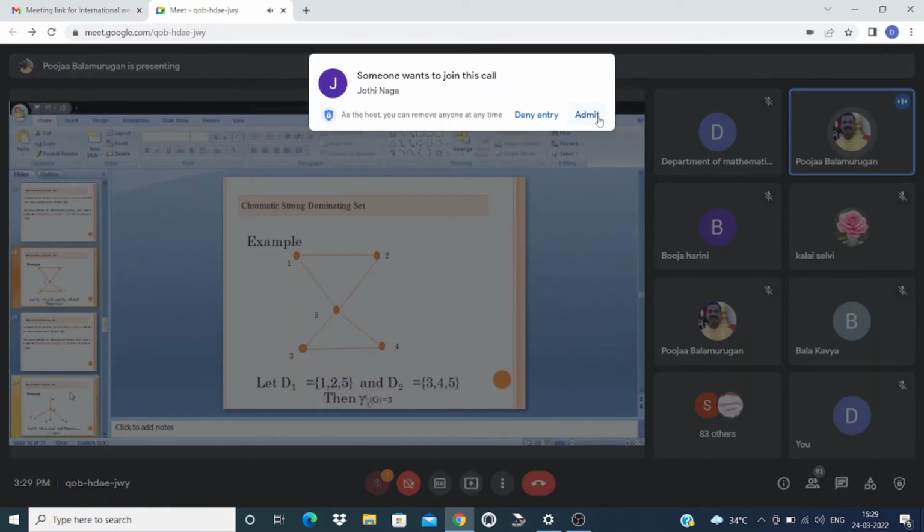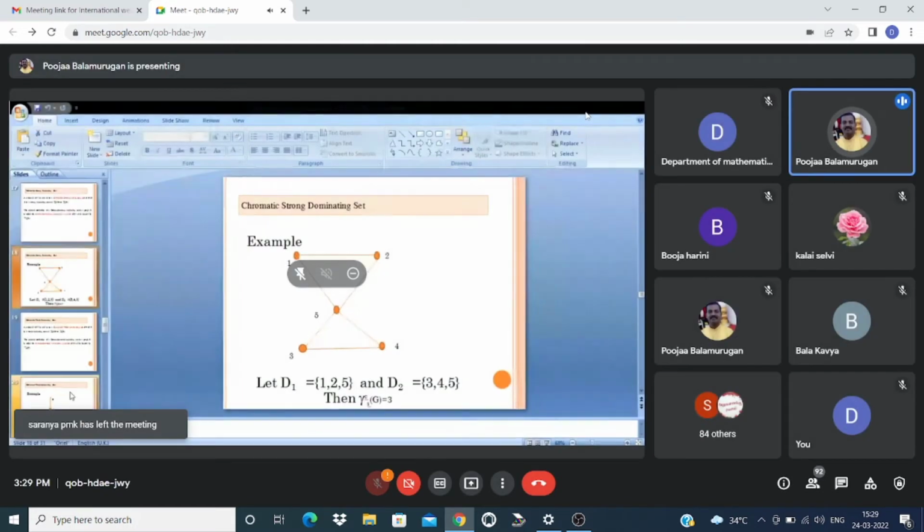So there is a cycle above, and taking that set also gives a chromatic strong dominating set. Another one, D2 = {3, 4, 5}, is also a chromatic strong dominating set. If you induce D1, you get a cycle: inducing 1, 2 gives a line, 1, 5 gives a line, and 2, 5 gives a line. So we get one cycle.